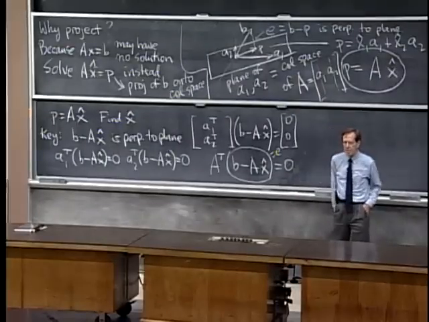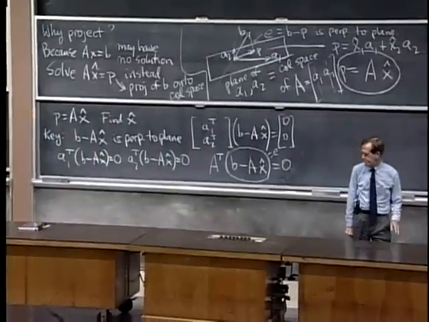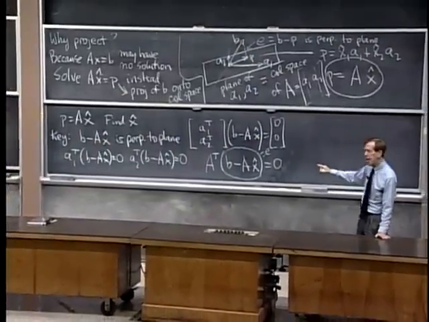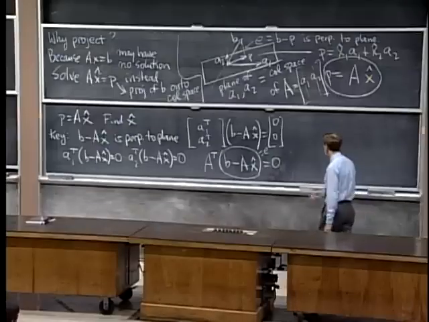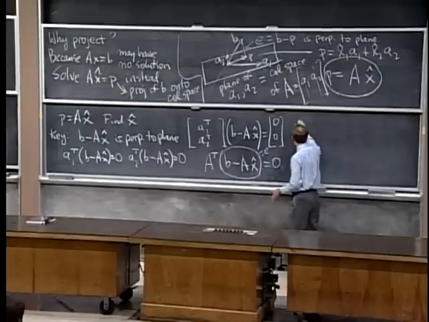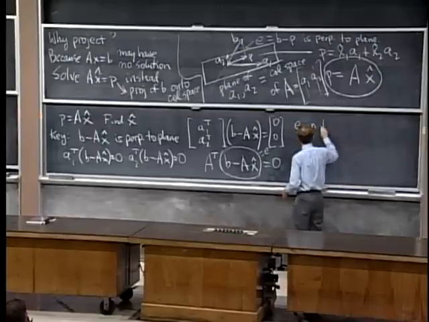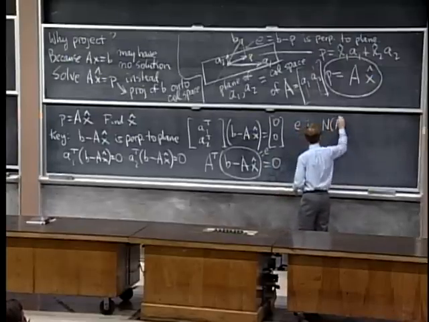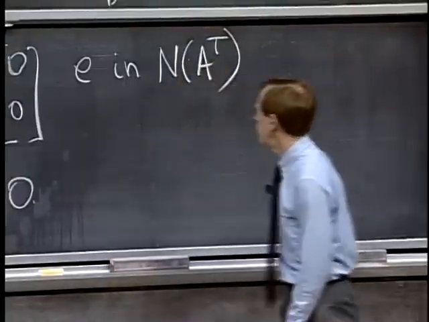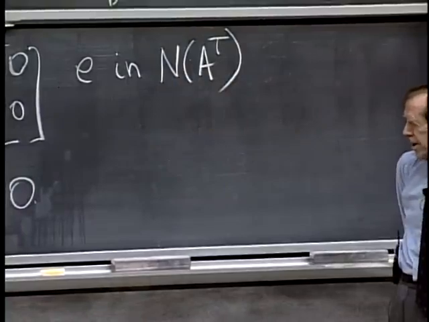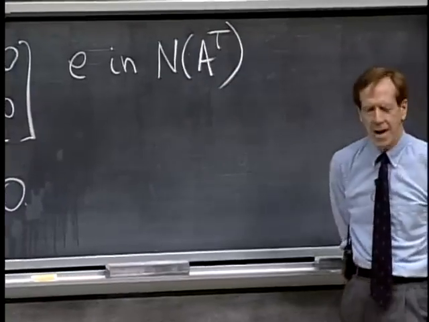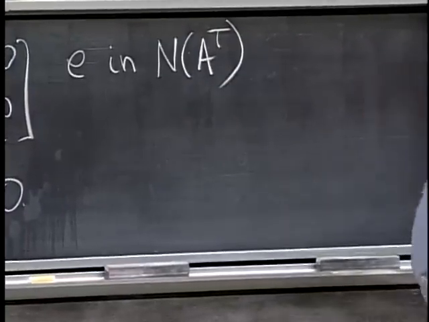Well, the equation is saying A transpose E is 0. So I'm learning here that E is in the null space of A transpose.